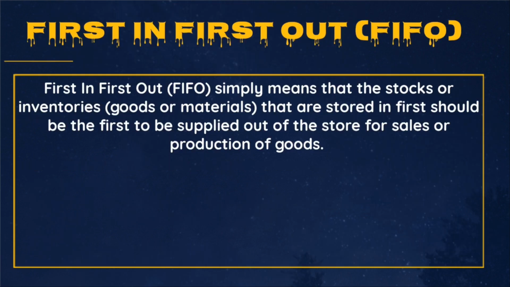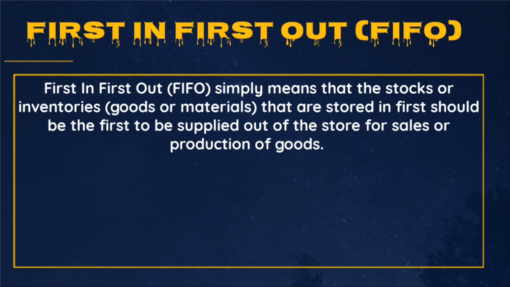So let's get started. First in, first out, which is also called FIFO, simply means that the stocks or inventories that are received into the store should always be the first to be supplied out of the store. We know that the price of goods changes over time, and the prices at which the inventories are purchased are not the same.